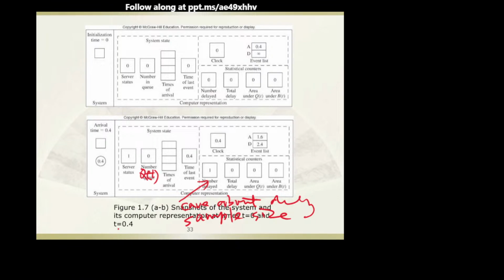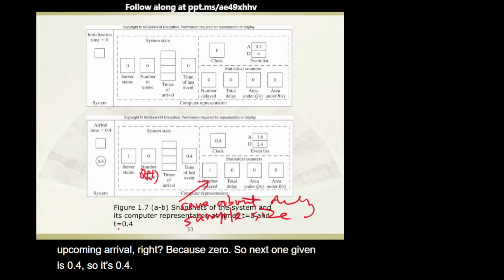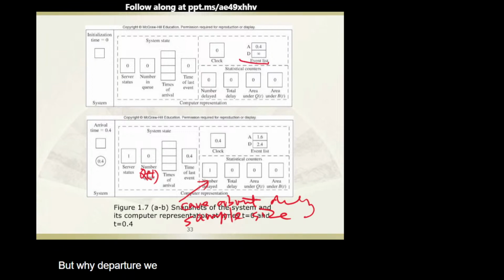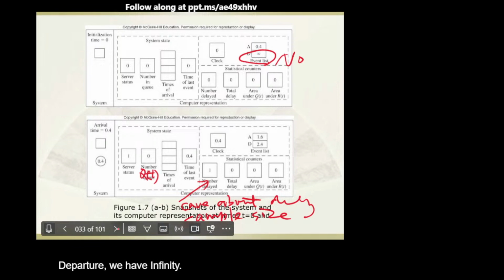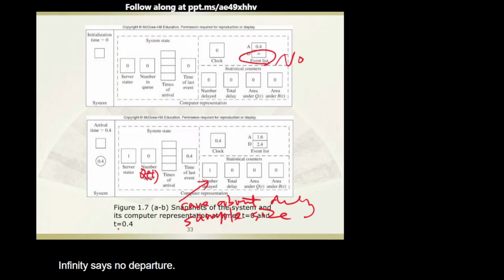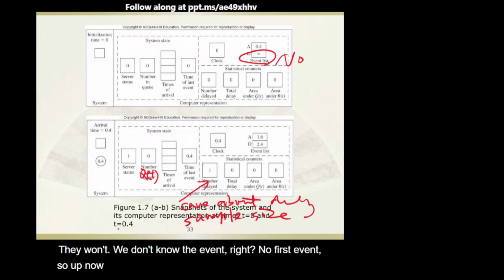But why do we have infinity for the departure? Infinity says there is no upcoming departure. Why no upcoming departure? At zero, we don't know the event, right? No first event. So up to now, it's impossible to have any departure.